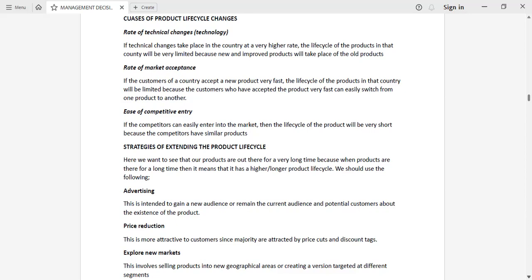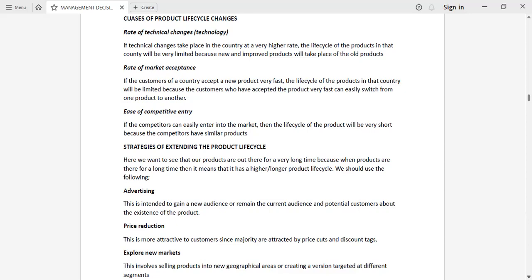In other words, if you produce a product today, and tomorrow you produce another product, and we see that the market is responding very fast to that new product, it means there is a higher rate of market acceptance in the country.